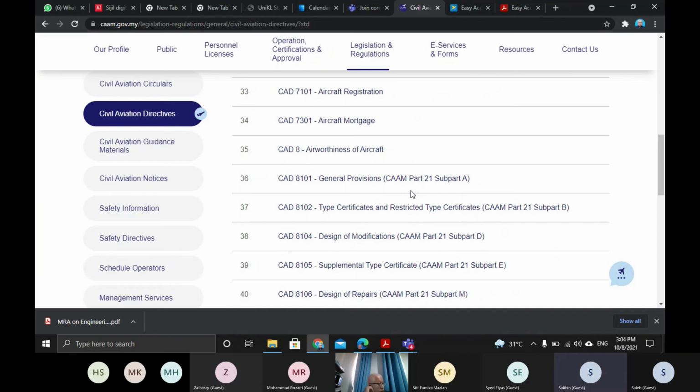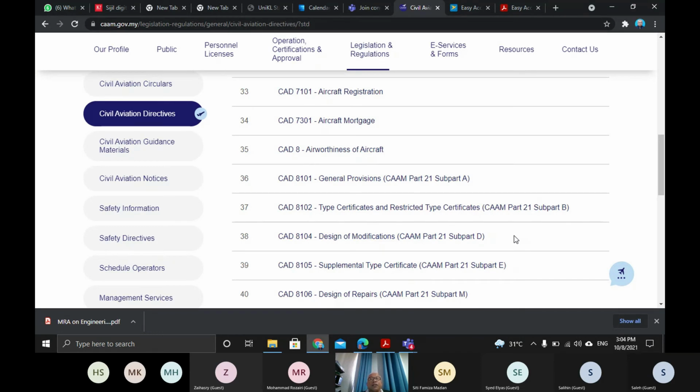As you fly the aircraft, as you operate the aircraft, you may need modification or you may need to change something on the aircraft. Then you have to apply for STC, 8105. You may also want to do some specific mod on the aircraft. You apply through 8104.